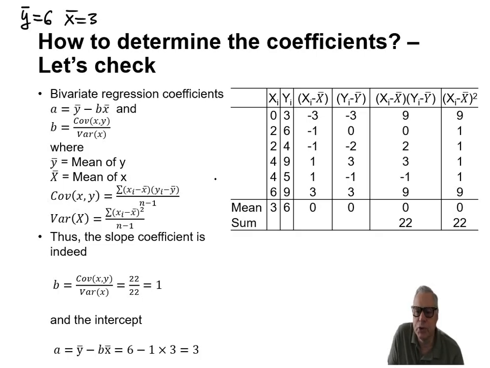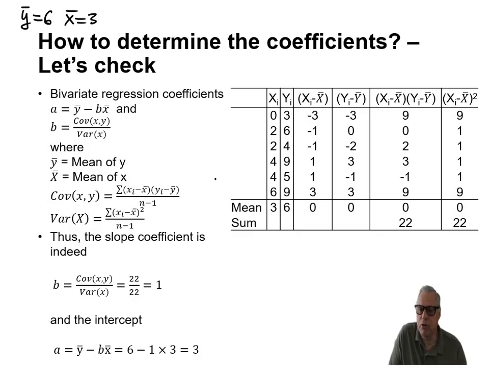Okay, so you see xi minus x bar is 0 minus 3, negative 3, 2 minus 3, negative 1, 2 minus 3, negative 1, 4 minus 3, positive 1, 4 minus 3, positive 1, 6 minus 3, positive 3. And of course, all those deviations from the mean, they sum up to 0. That is what makes the mean the mathematically most accurate measure of central tendency, because all the deviations from the mean sum to 0.